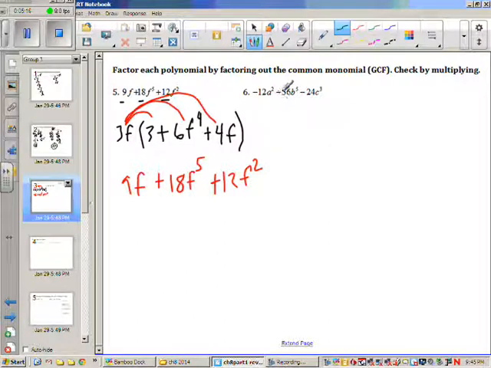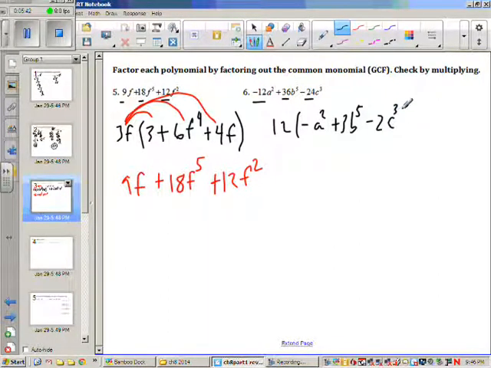All right. We see that 12, 36, and 24, you can break it down into 2's and keep factoring out. I see that 12 is going to go into all of them. And then they don't share a variable, so all I can get is a 12 out. That's going to leave a negative a squared plus 3b to the fifth minus 2c to the third.